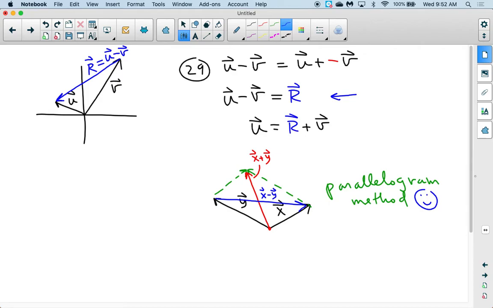Now the only thing I might add is that there is a difference between x minus y and y minus x. It's not magnitude, but just direction. If you were doing y minus x, you'd be looking for the vector that you would add to x to get y, and that would just be this guy. Okay. Let me use purple.